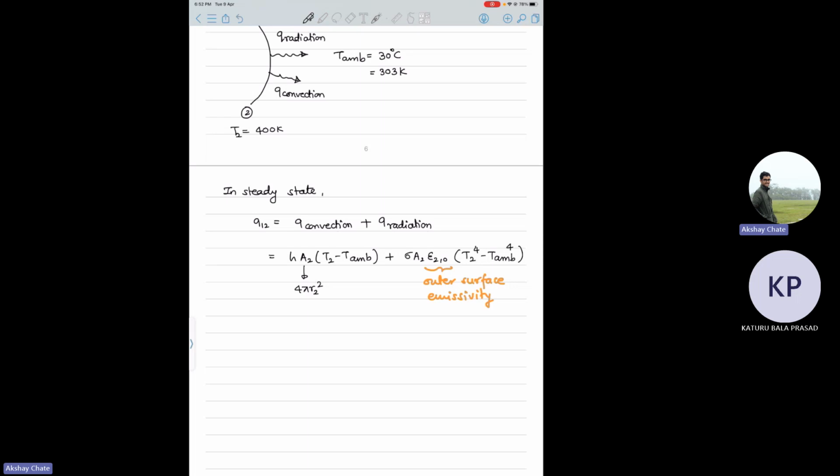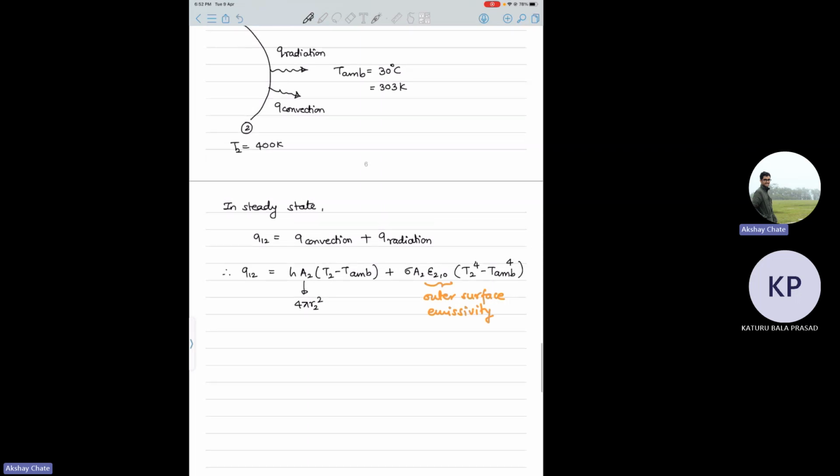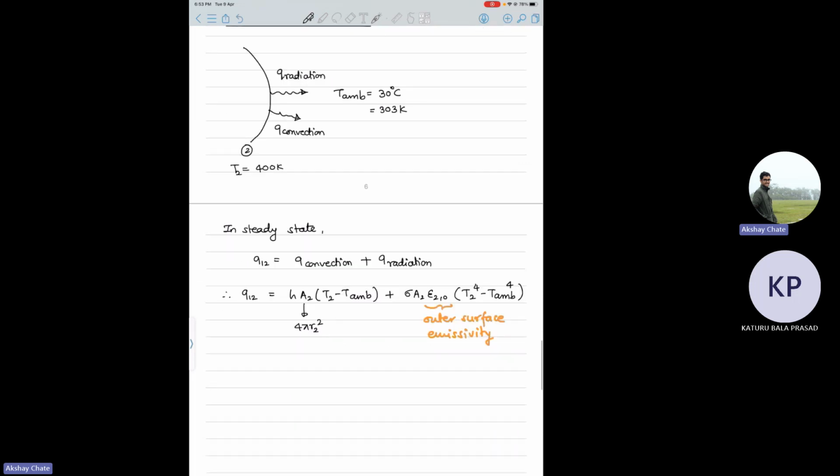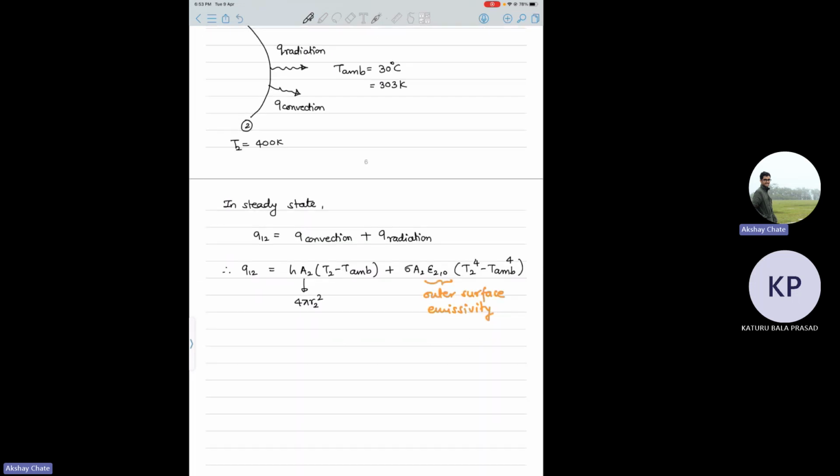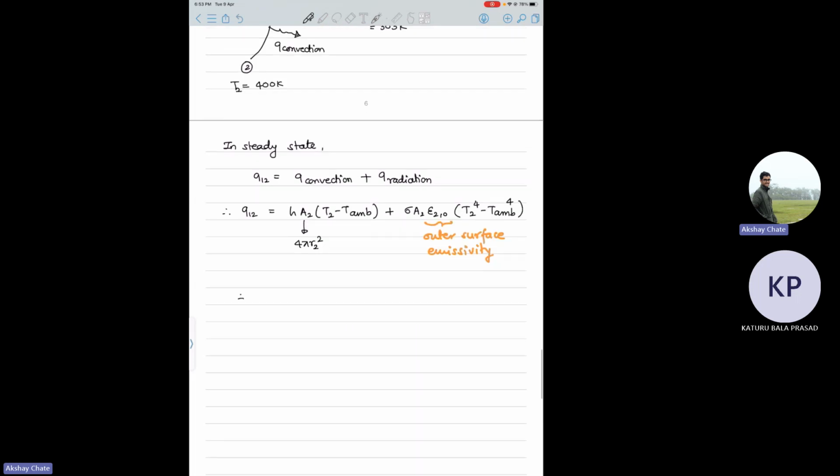So here everything is known except H, because Q12 we calculated as 1669.3, and all other things are known. If you plug these values in and calculate H, you should get H as 5.05 watt per meter square.